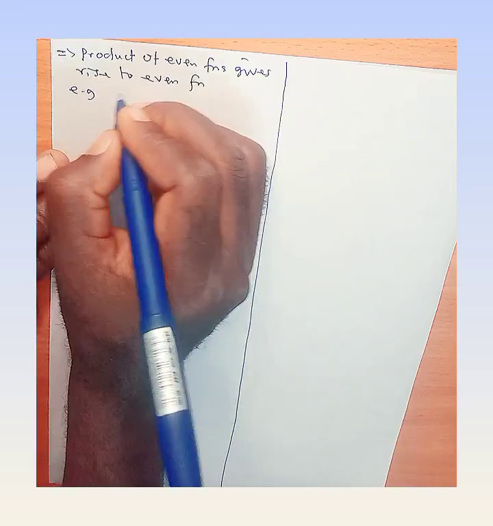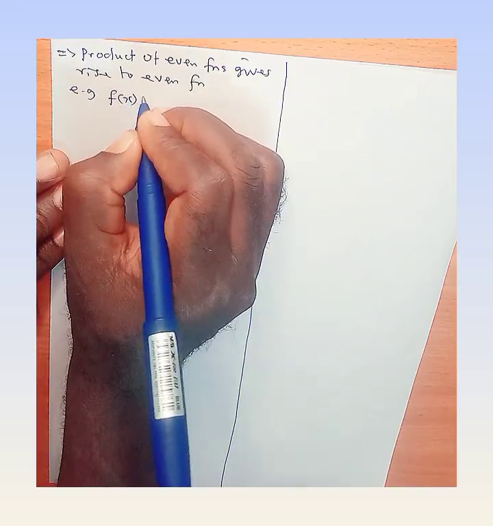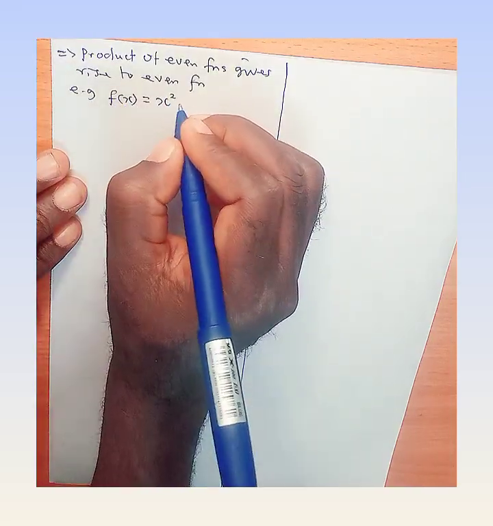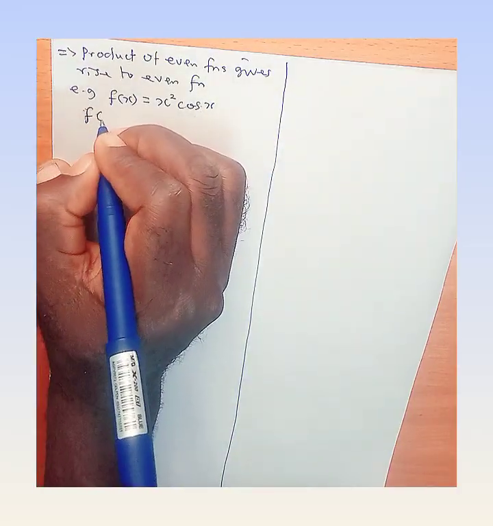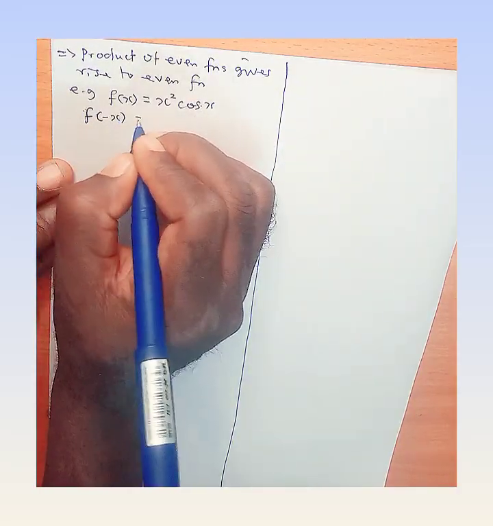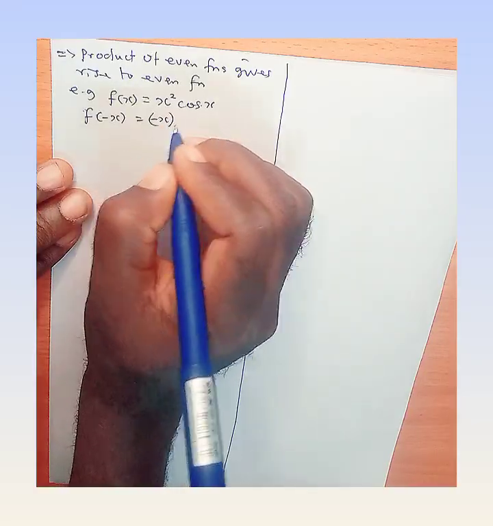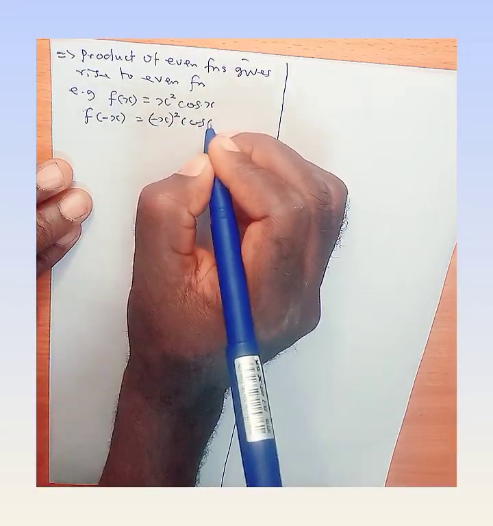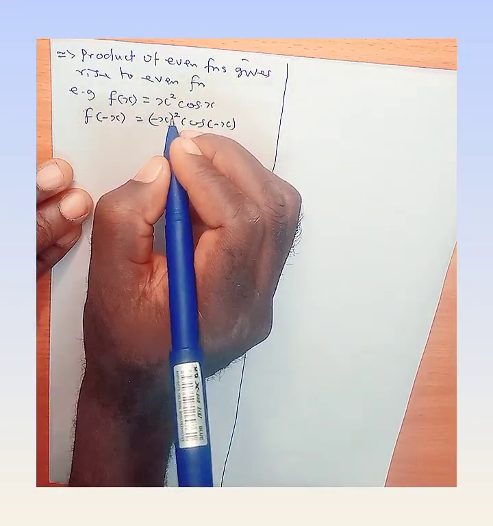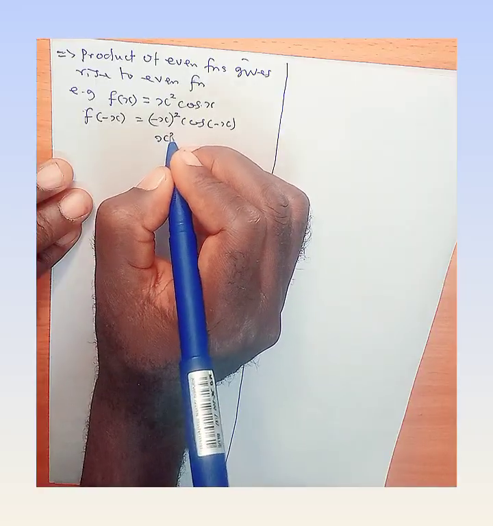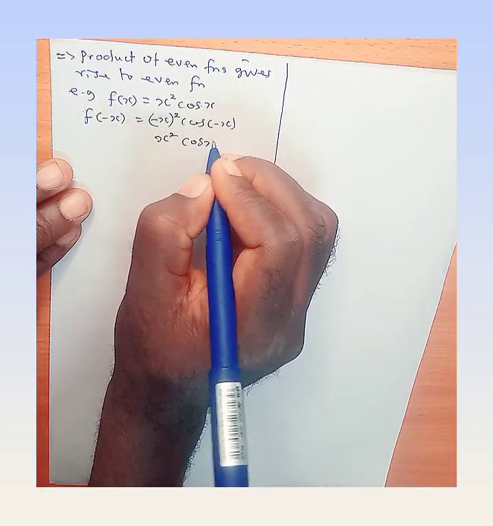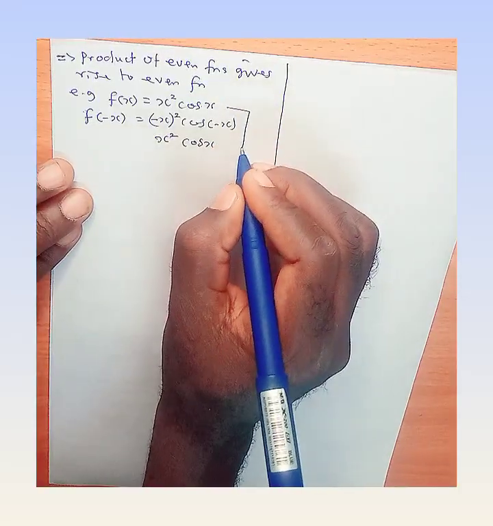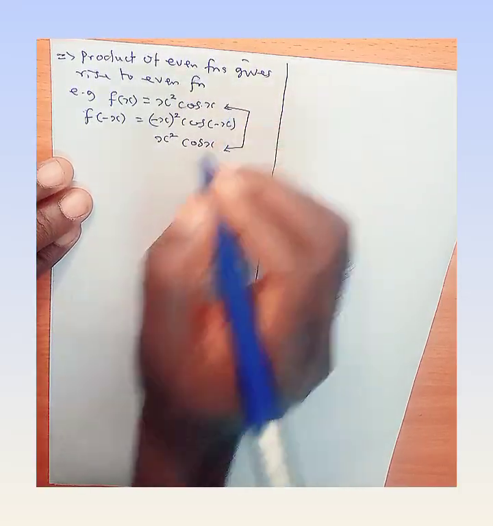E.g., when we look at this, if you have f of x is equal to x squared cos x, then let us test its negative value, that is f of minus x. It will be minus x squared cos of minus x. Now minus x squared is x squared, then cos minus x is cos x. Can you see that this and this are the same? It gives rise to an even function.